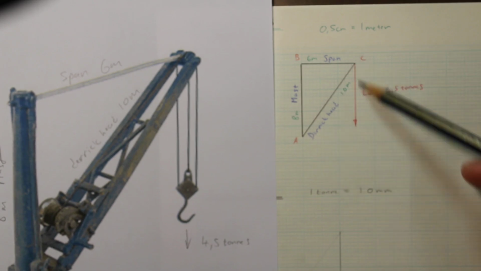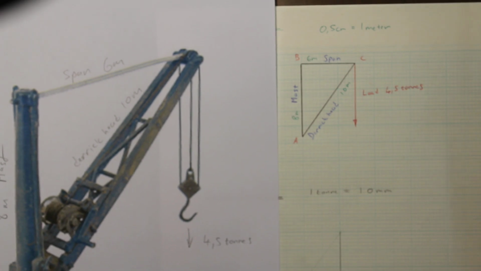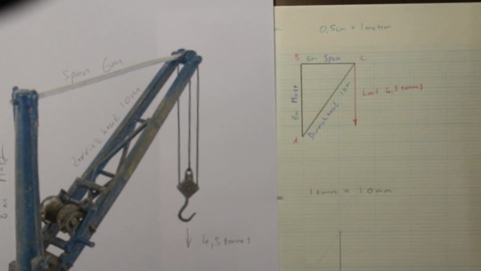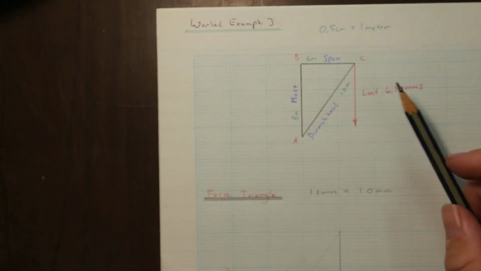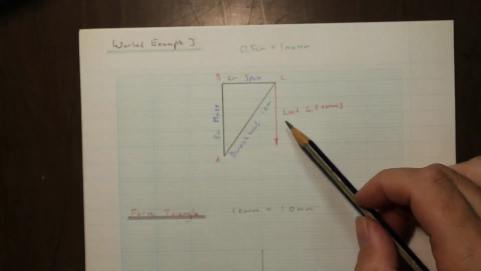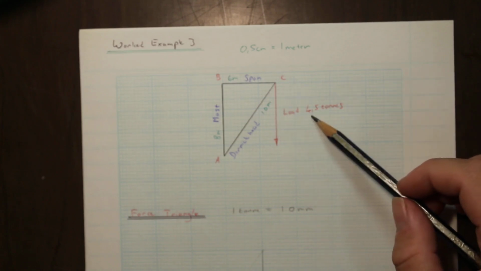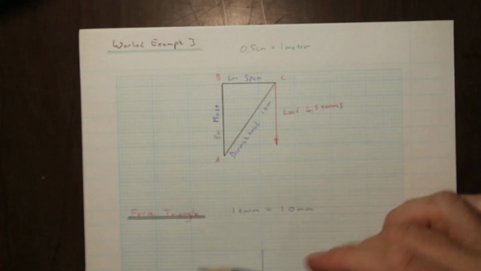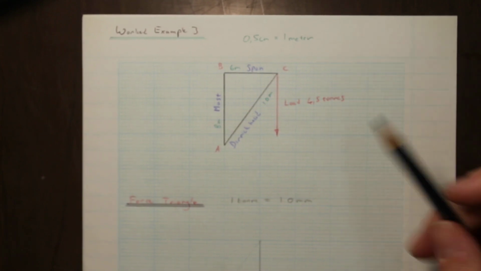And in red here is the load of 4.5 tons. All right, so there's my space diagram, and now, just like always, I'm going to take the vector that I know. Over here, the load, I know that the force is 4.5 tons. They told us that.